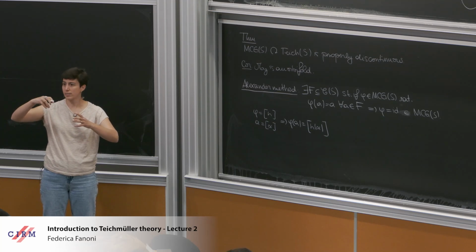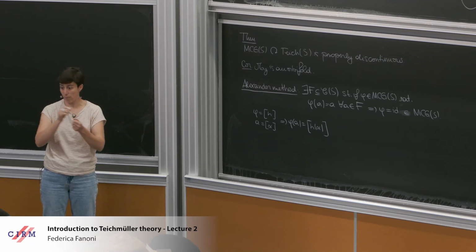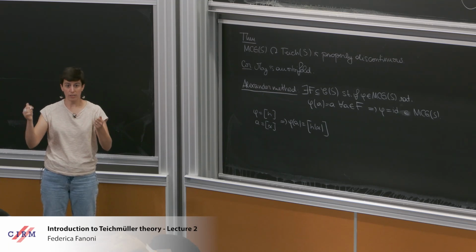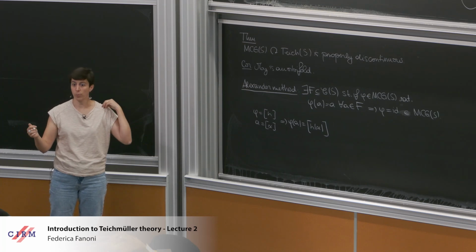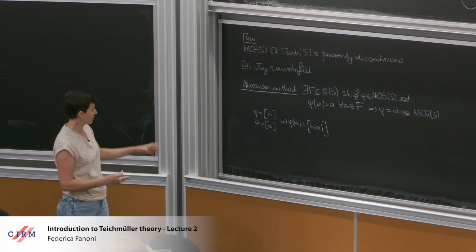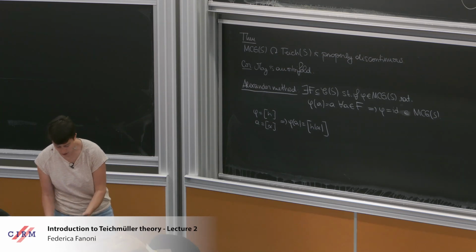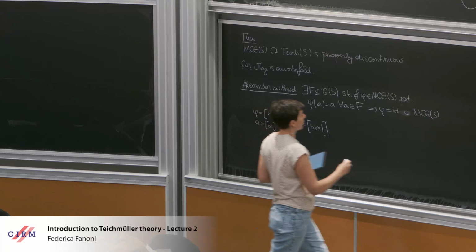And on each disk, you can homotope each map to the identity. I mean, if you have a map of the disk to itself that fixes the boundary, that is homotopic to the identity. It's just not super hard to write down. So that's kind of the idea behind this. But if we assume that, we can actually show this theorem.